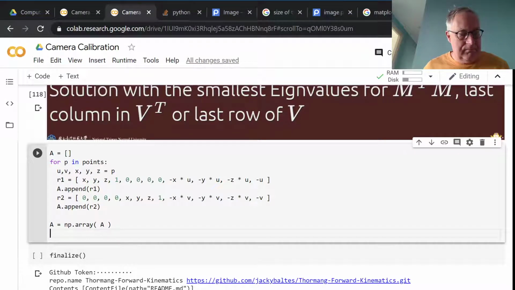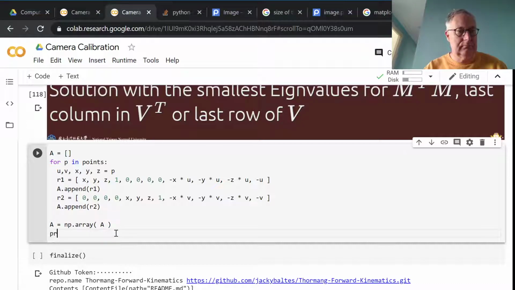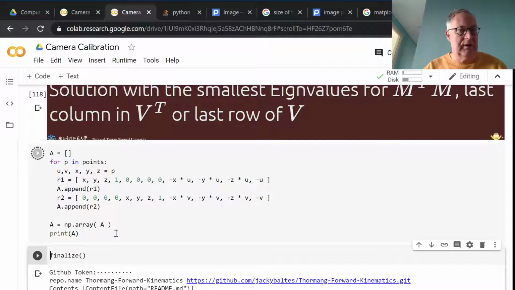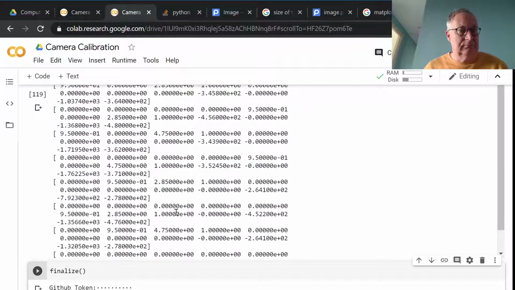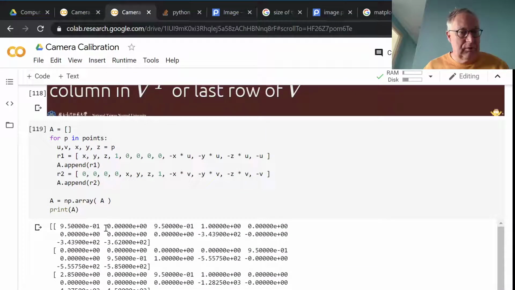So then we just print A here. So that works. 1, 2, 3, 4, 5, 10, 11, 12.